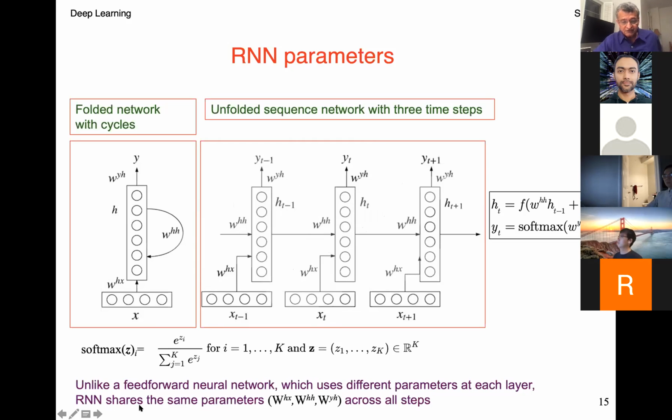So unlike a feed-forward neural network, which uses different parameters at each layer, RNNs share the same parameters WHX, WHH, WYH across all time steps. Notice that's what it's saying. WHH here, WHH here, WHH here, and this remaining WHX here. So it is using these same parameters across all time steps.